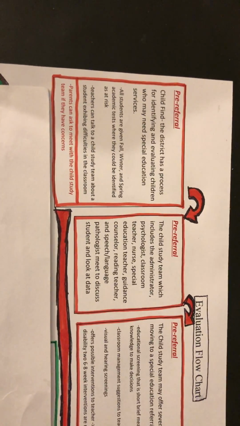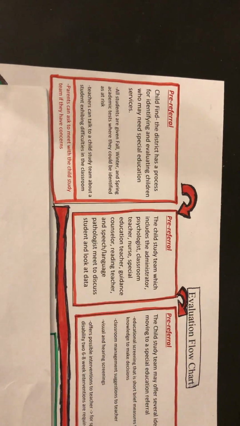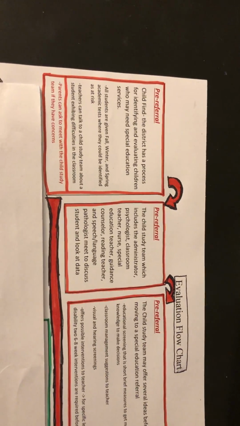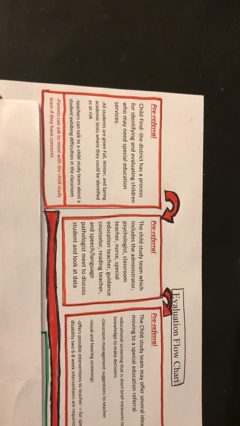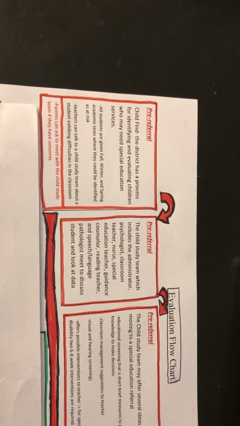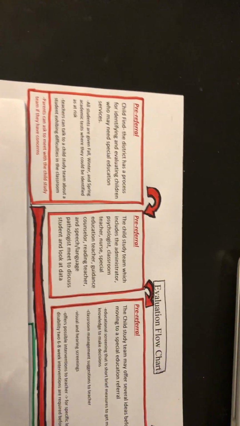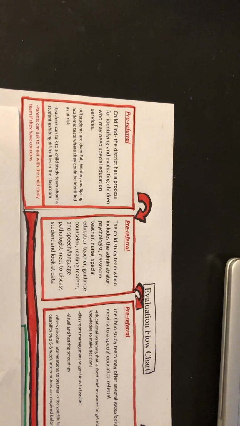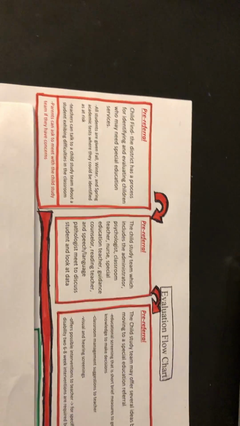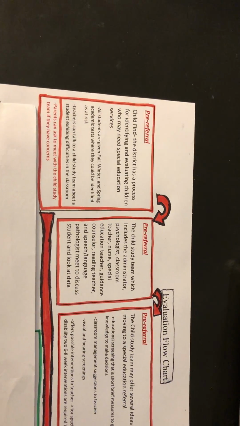As a district, we have Child Find, which is a process for us to identify and evaluate children who may need special ed services. All students are given a fall, winter, and spring academic test where they could be identified as at risk for academics. Another way is teachers can talk to a child study team about any behaviors or academic difficulties that they are seeing in the classroom.